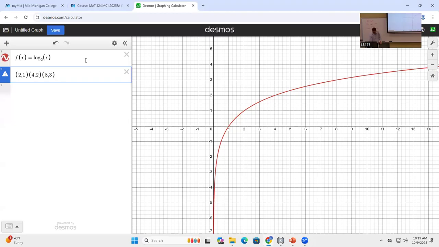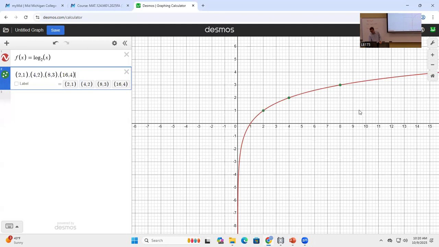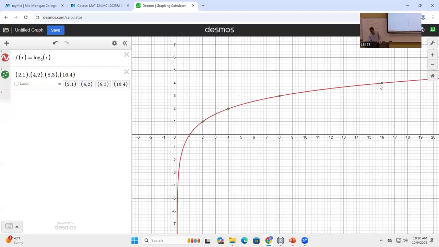Oh, I gotta put the commas in there. Sorry. I'll highlight them. And then if you did 16, 4, that would also be a point on this graph, because 2 raised to the fourth power is 16.